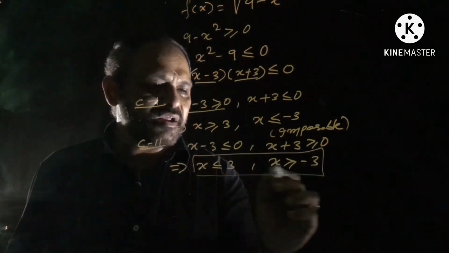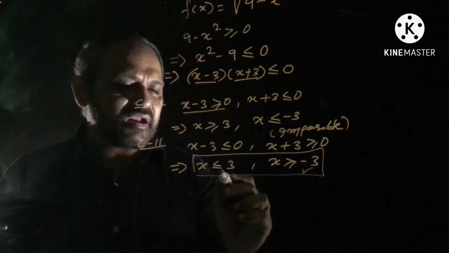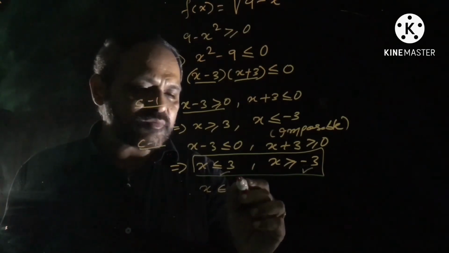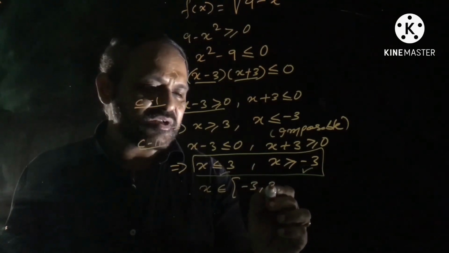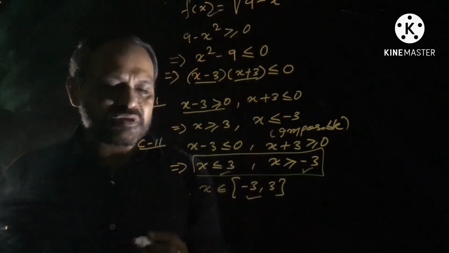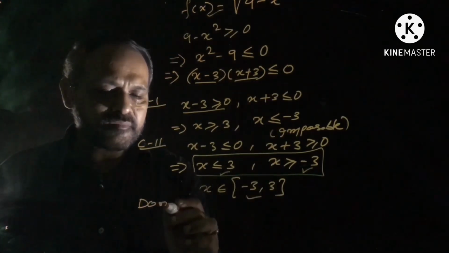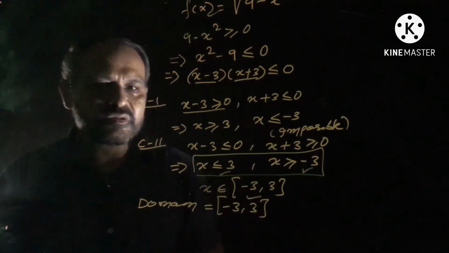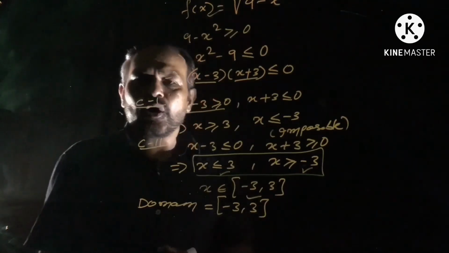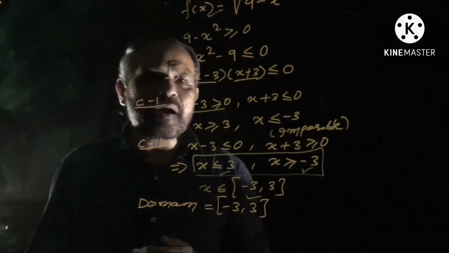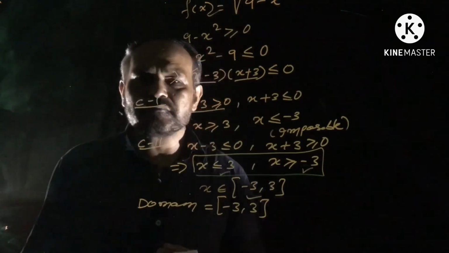It is greater than or equal to minus 3 and less than or equal to 3, which can be written as x belongs to [minus 3, 3]. So this is the domain of this function. I think all of you understand this process of finding the domain.